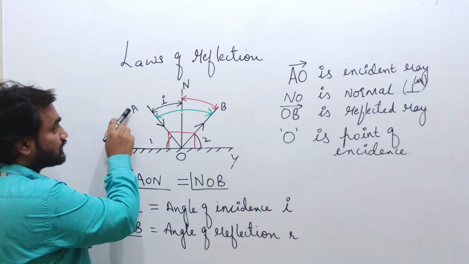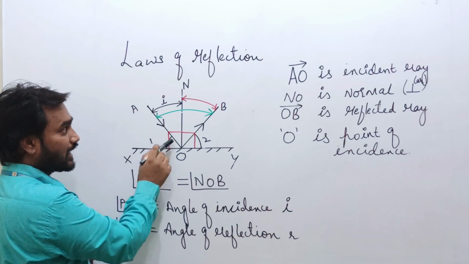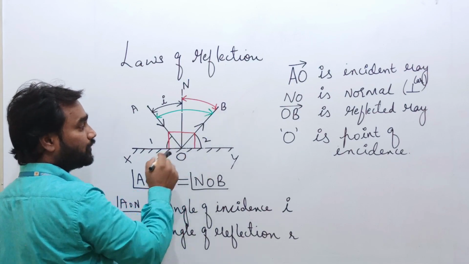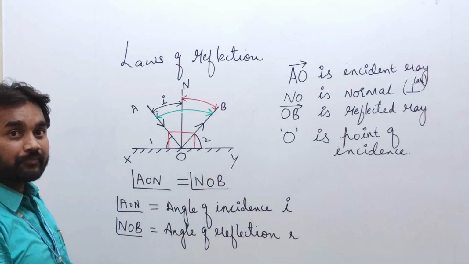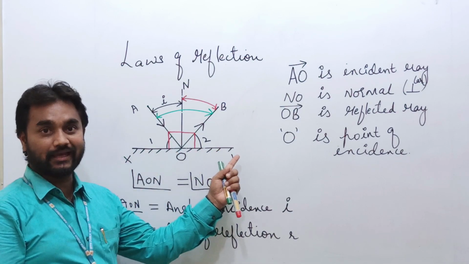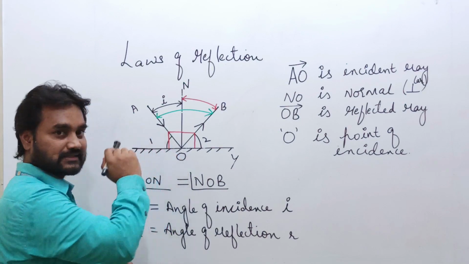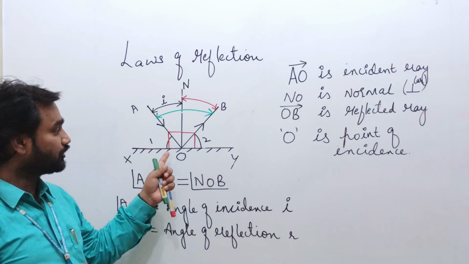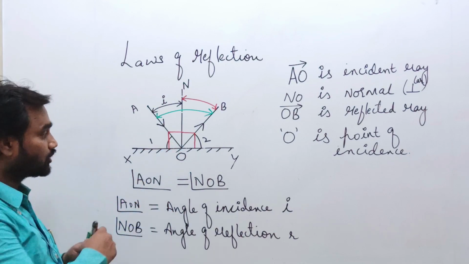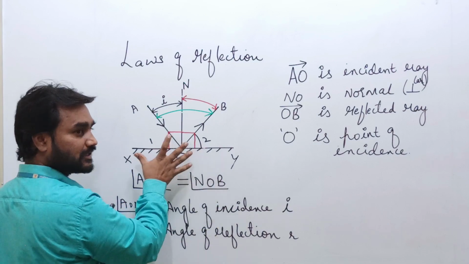Now you can see this incident ray AO, normal NO and reflected ray OB all lie on the same plane of the reflecting surface at the point of incidence. They are not on different planes, they are on the same plane. Reflecting surface XOY is the plane.